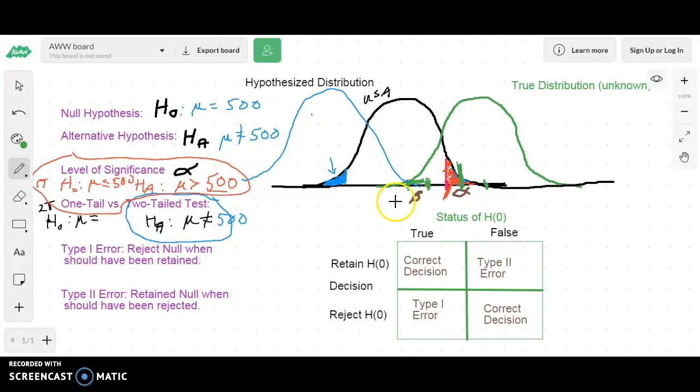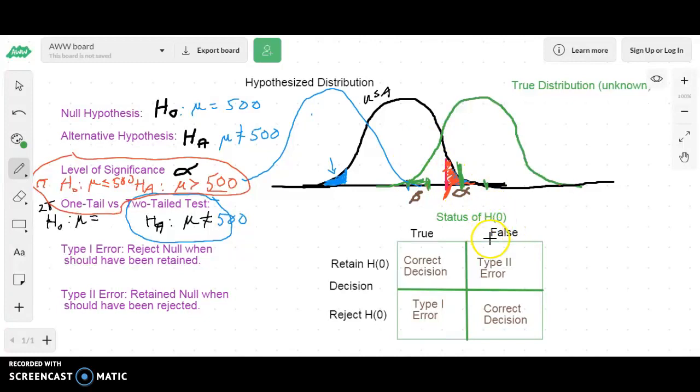Now, the flip side is this. We randomly select students, and they fall in this area up in the tail in the red, to the point where we say there is a statistically significant difference between the mean we selected and the mean of the United States. Now, if New Jersey's normal curve is significantly greater, and we selected a sample that fell up in this region, then we are going to correctly reject the null hypothesis.